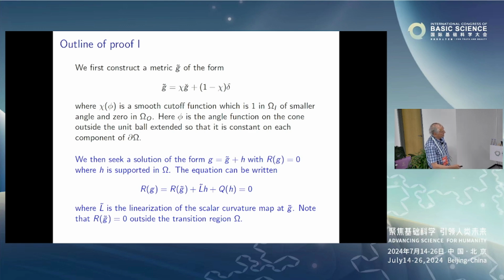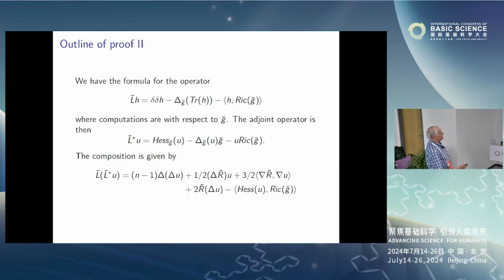L tilde is the linearization of the scalar curvature map at the metric G tilde. And so we want to solve that equation, R of G is 0, where H has compact support and is sufficiently smooth. So we want H to be C^k for any given choice of k.